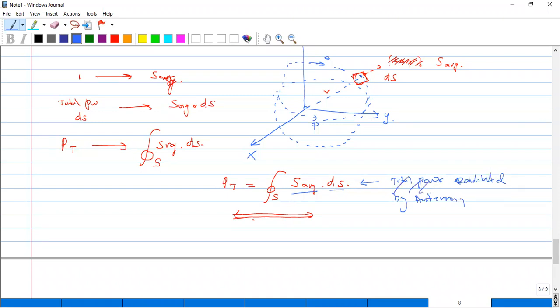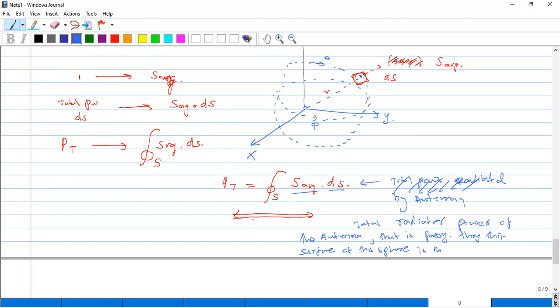We can say like this: the total radiated power of the antenna that is crossing or passing through the surface of this sphere is the total radiated power.